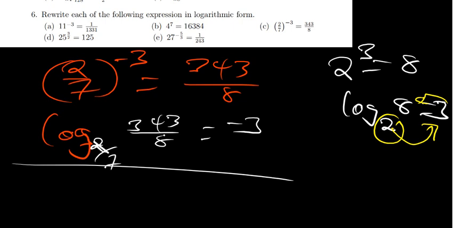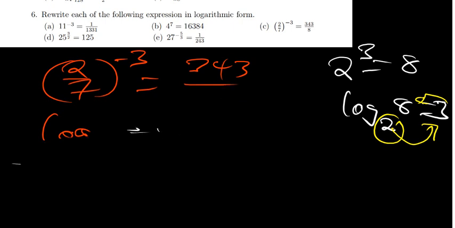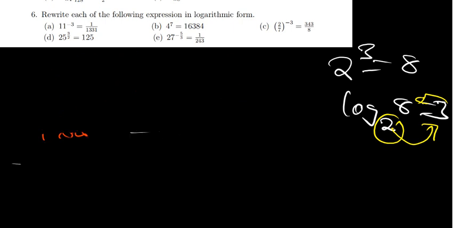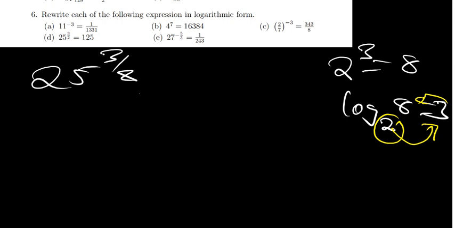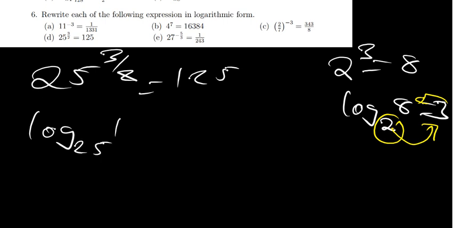As simple as that. Let's see how we can change part D, which is 25 raised to the power 3 over 2 is equal to 125. So this is log base 25 of 125 is equal to 3 over 2.